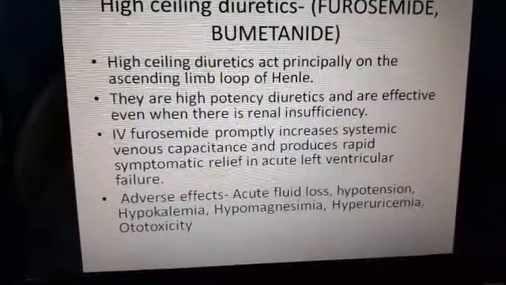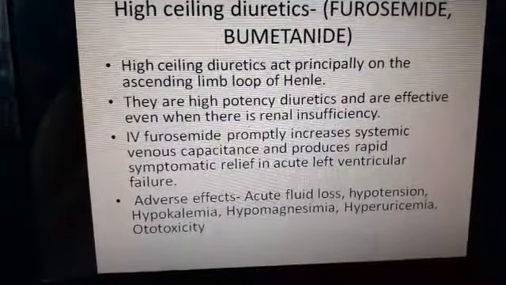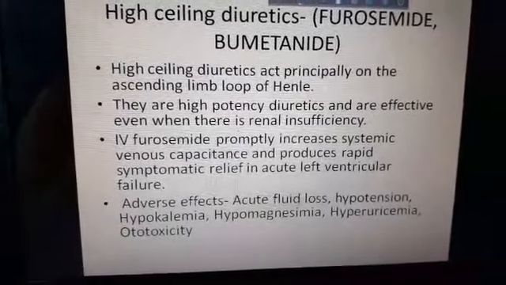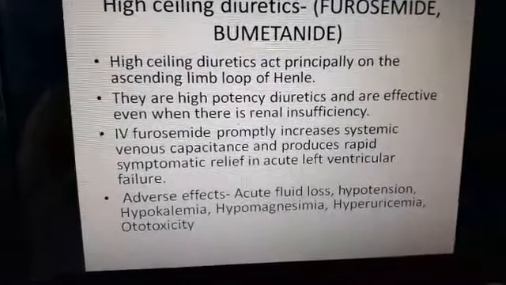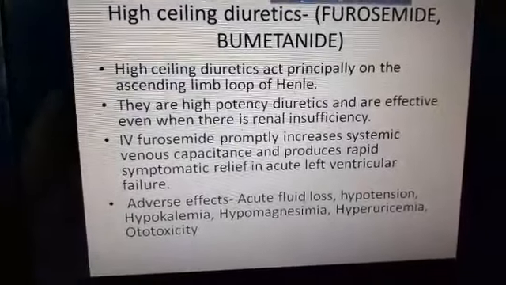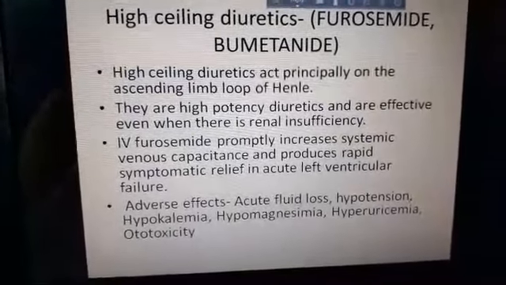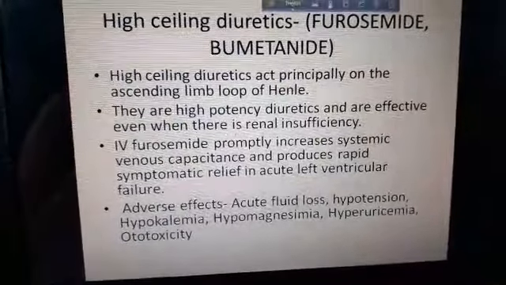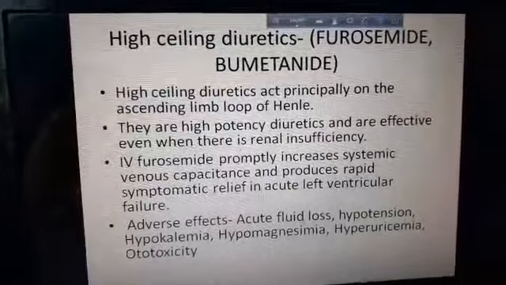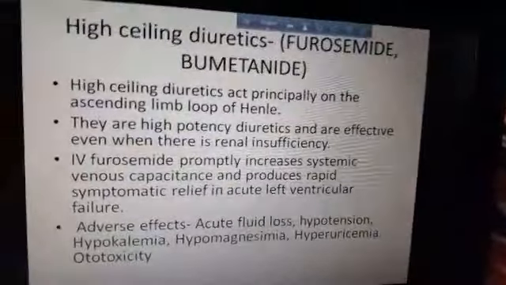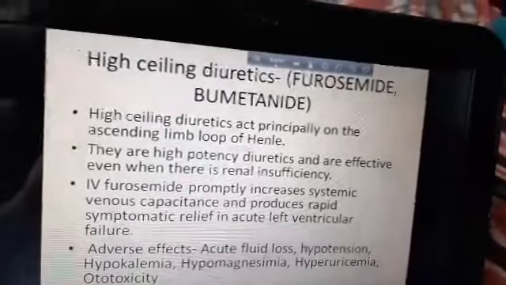So in patients with renal failure, there is decreased GFR already, and with decreased GFR, the drugs will reach the distal tubule less. That's why in renal failure, thiazide activity is less, because the drug cannot reach the site of action. Whereas furosemide acts proximally, so the drug can reach even in the presence of renal failure. So for these two reasons, furosemide is preferred over thiazide.